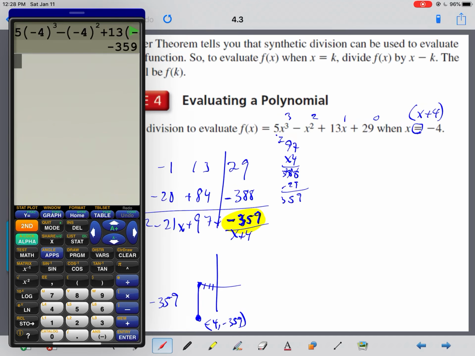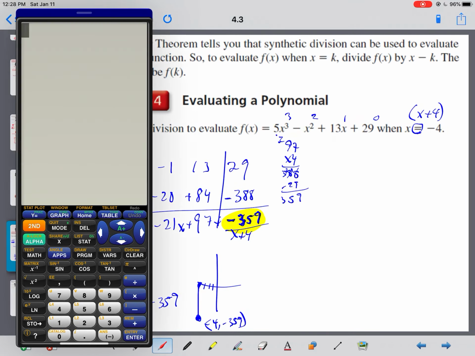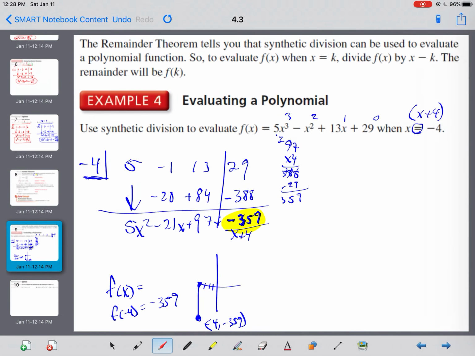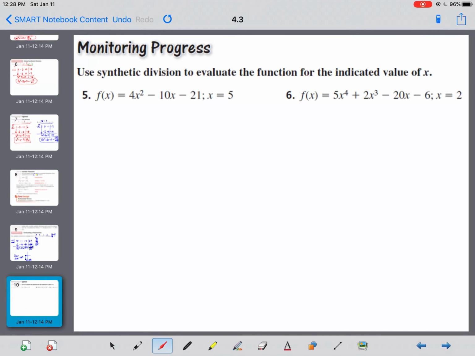So if you don't have the calculator with you, instead of trying to do the negative 4 to the third times 5 and the negative 4 squared and subtract it and the negative 4 times 13 and add it and add the 29, you could do the synthetic division and figure out the value. Okay?